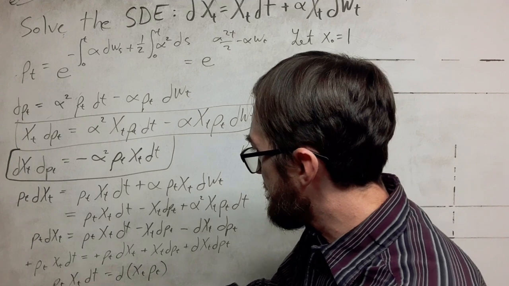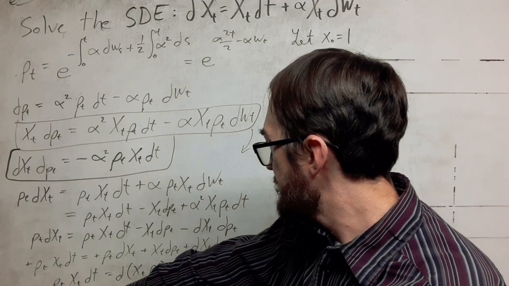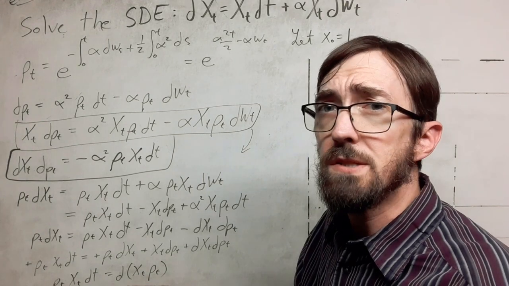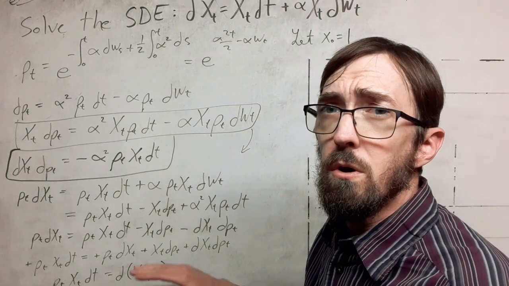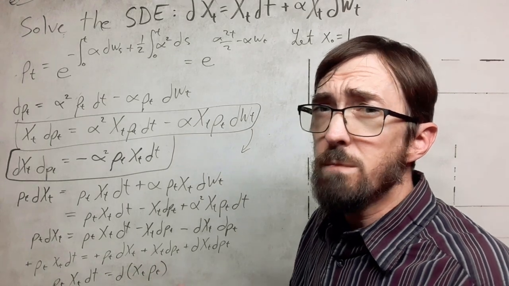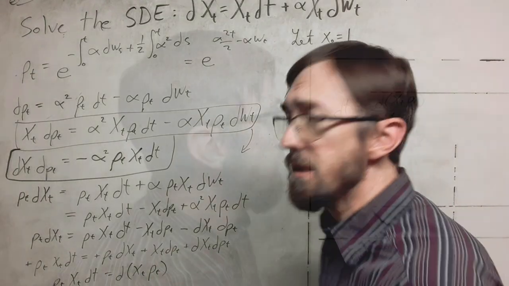Because the beauty of this is, if I divide both sides by x sub t rho sub t, then I have the classic du over u form that we would have for a logarithm, and I've totally missed that. So that's the next step that I need to do.